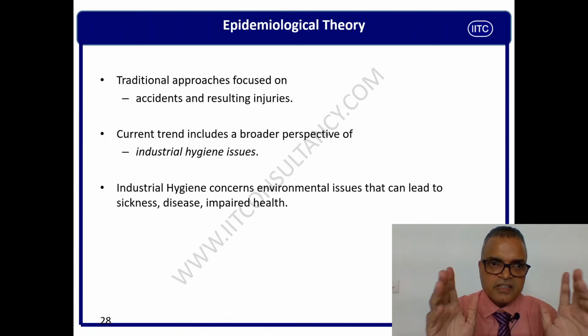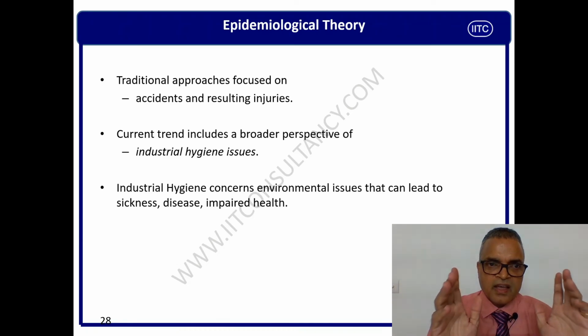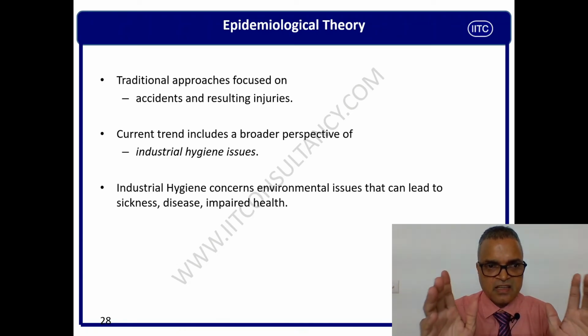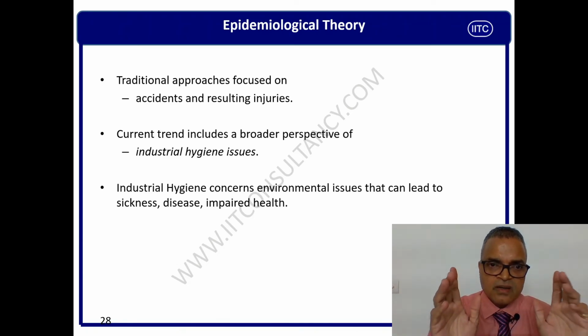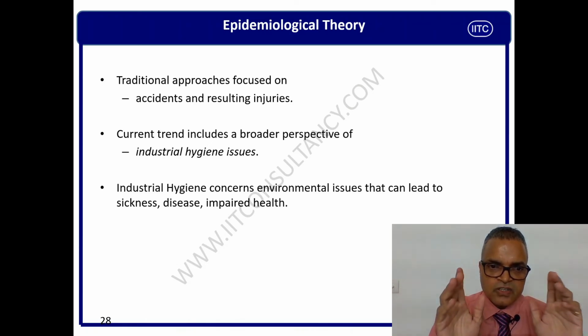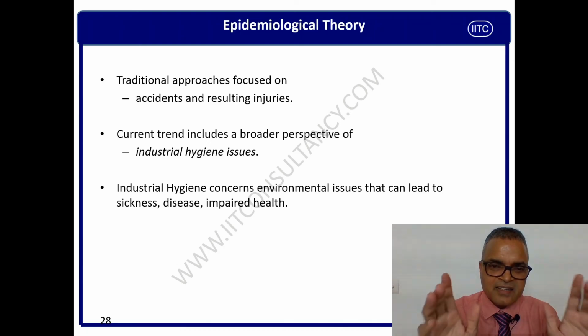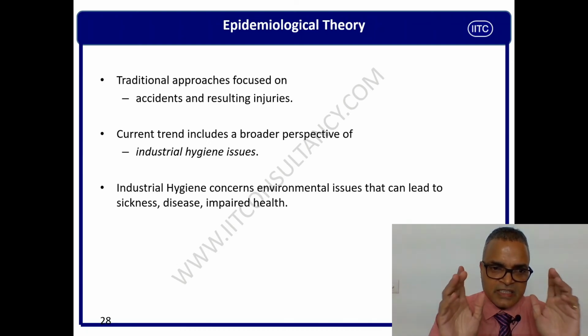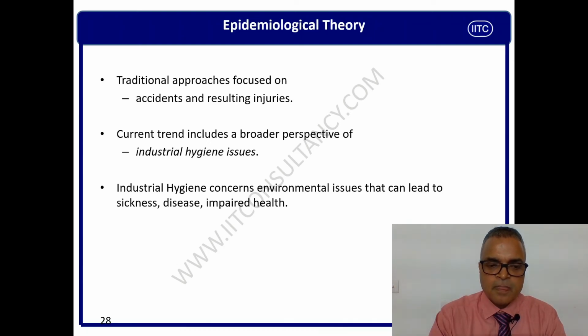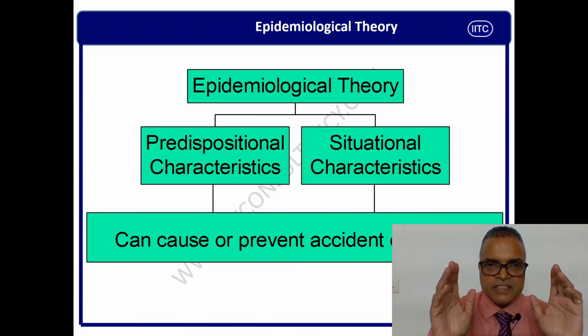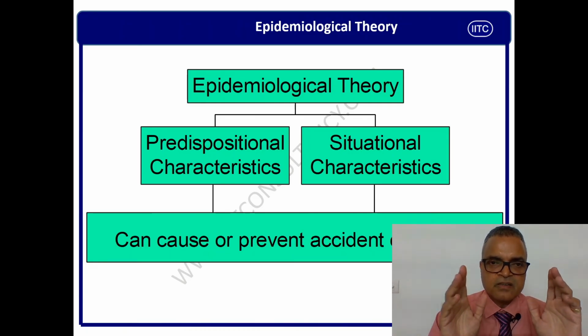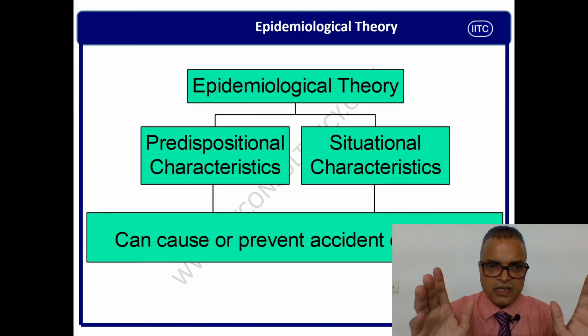Epidemiological theories. Traditional approaches focused on accidents and resulting injuries. The current trend includes a broader perspective of industrial hygiene issues. Industrial hygiene concerns environmental issues that can lead to sickness, disease, impaired health. Guys, this is the epidemiological theory.